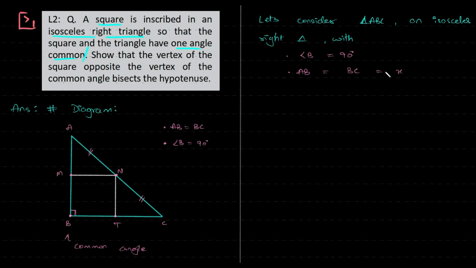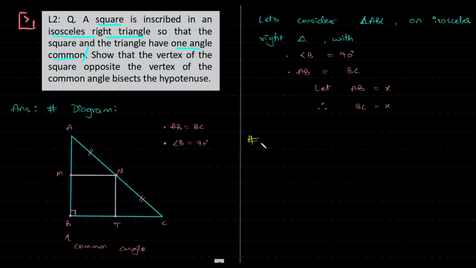We'll call this X. Let AB be equal to X and BC will also be equal to X. I like to use variables.